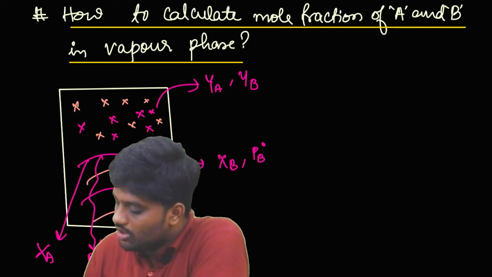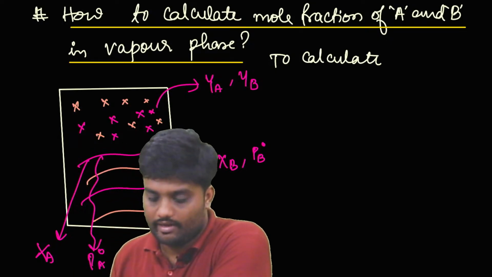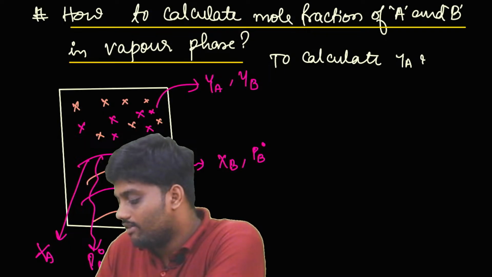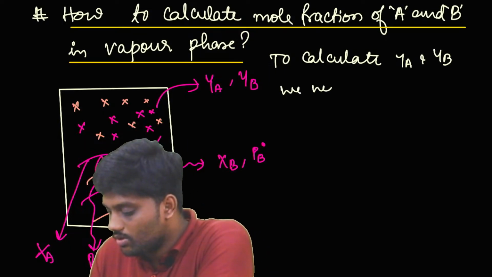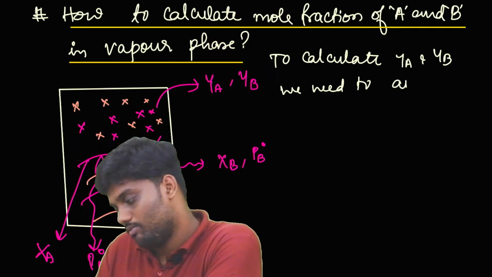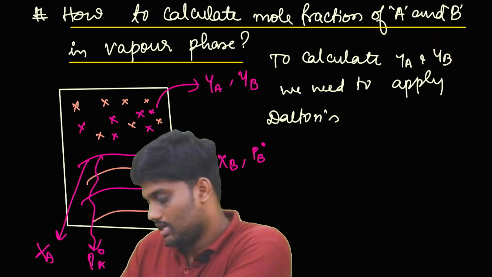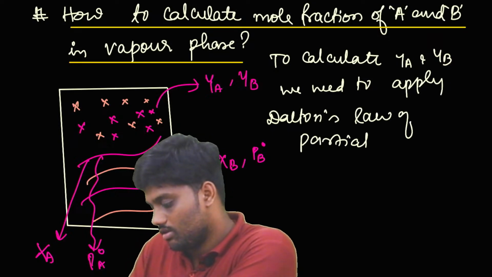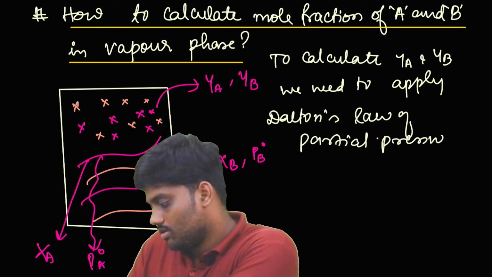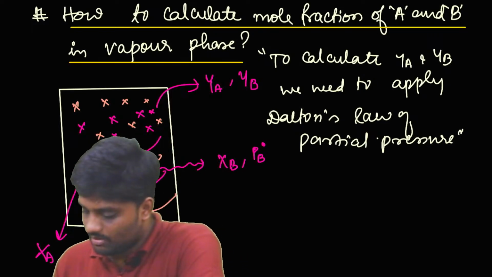So here, to calculate YA and YB, we need to apply Dalton's law of partial pressure.